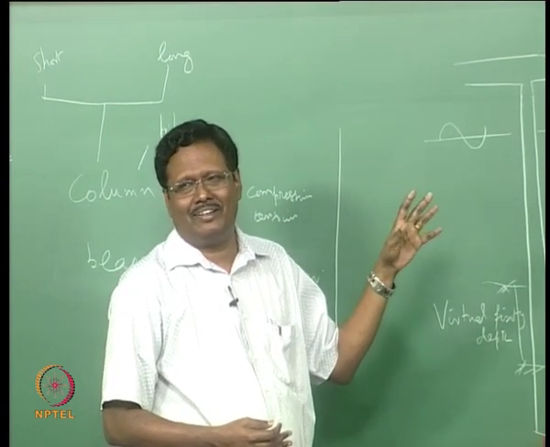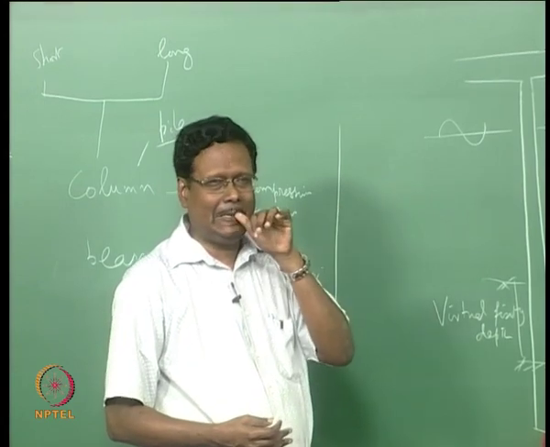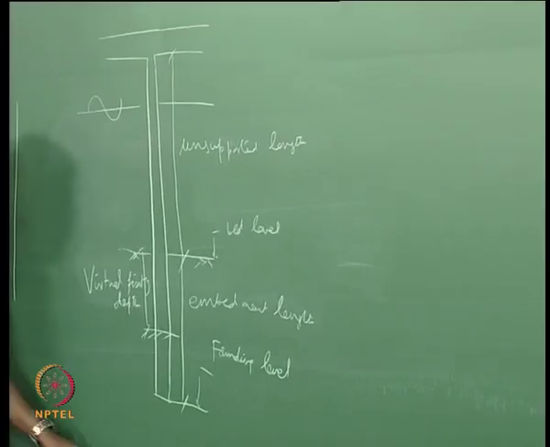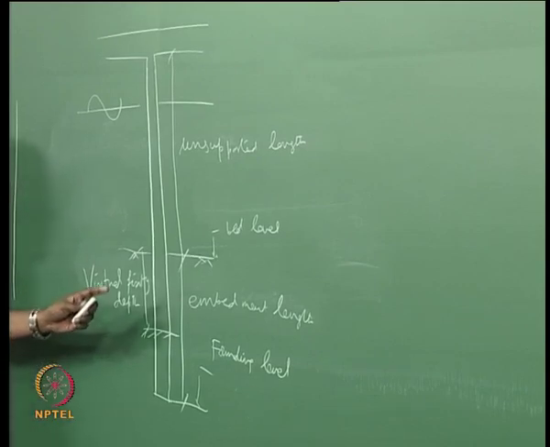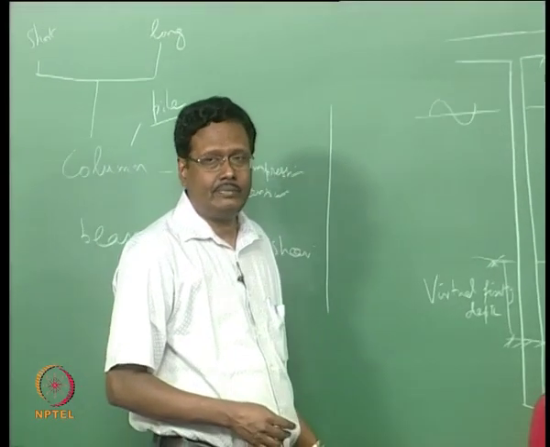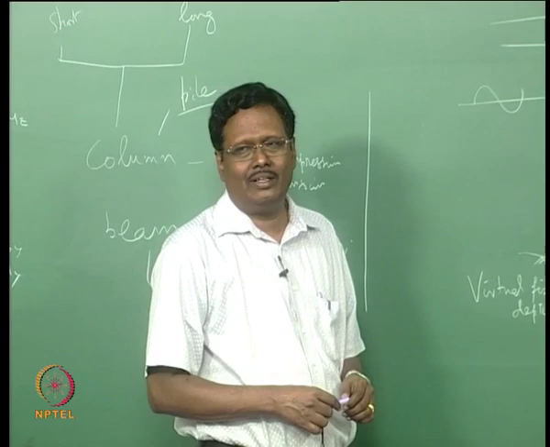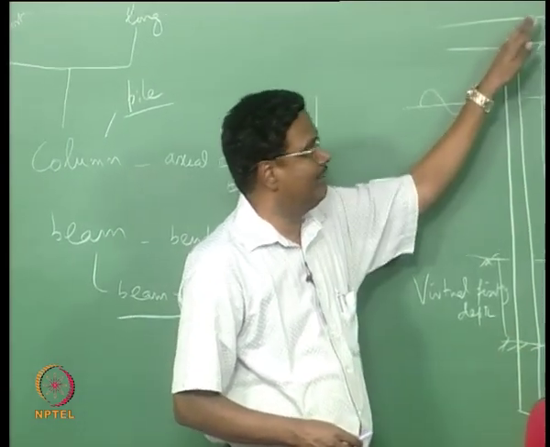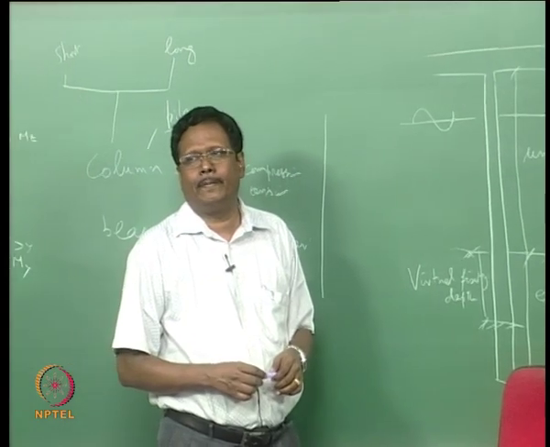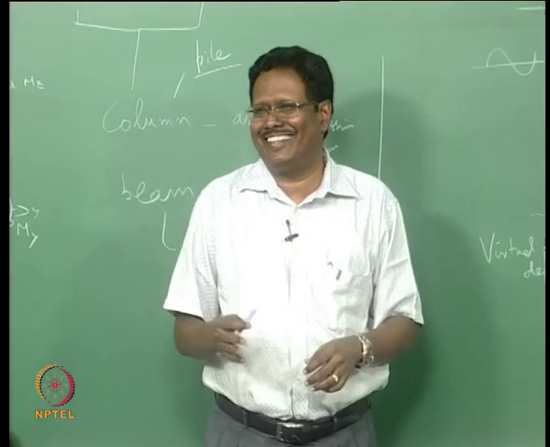First length, then effective length. What is the length here? I have written so many lengths: virtual fixed depth, embedment length, unsupported length, all those things I have written. What is the length here? Whole length is not correct. Whole length means from here to here. That is the total length.